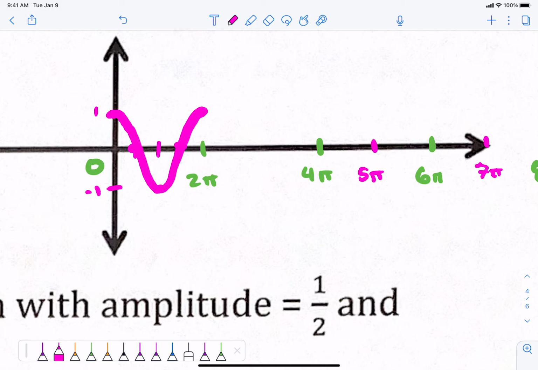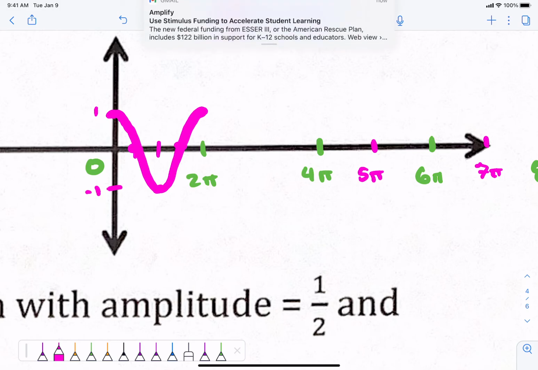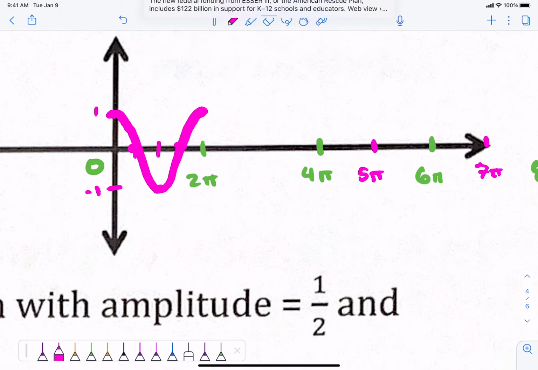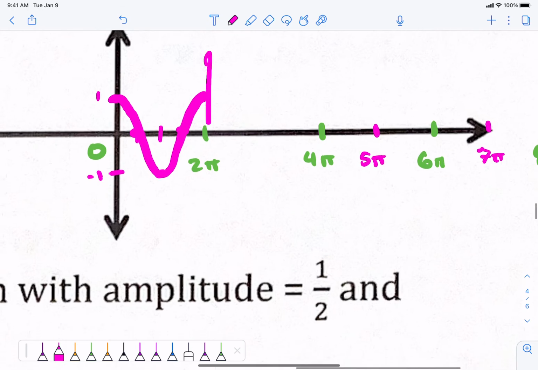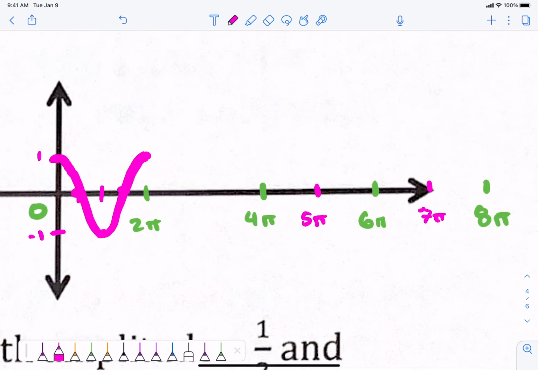Yeah? From 0 to 2 pi, that's what he looks like. That's one chunk of cosine. Okay? And we just have to continue him on. So from here to here, he's going to do the same thing again. So I'm going to split this into 4 chunks, and he's going to go down, down, up, up.